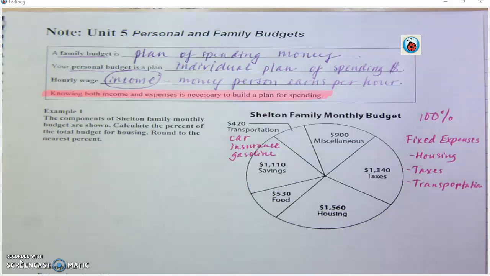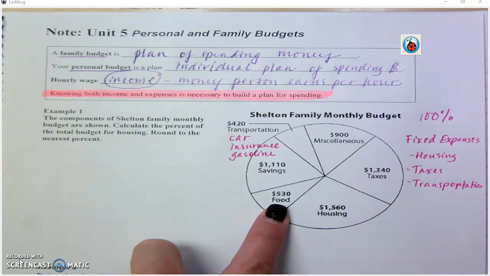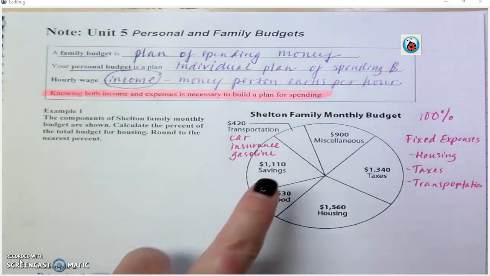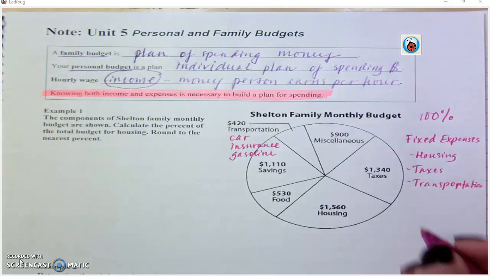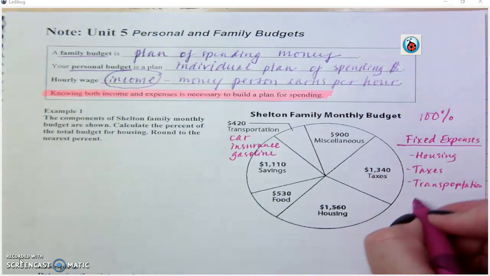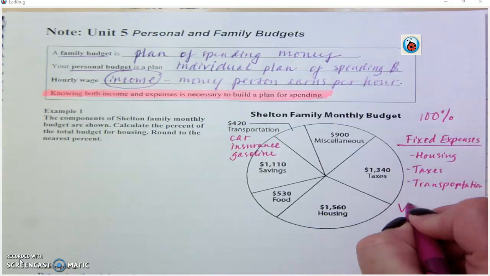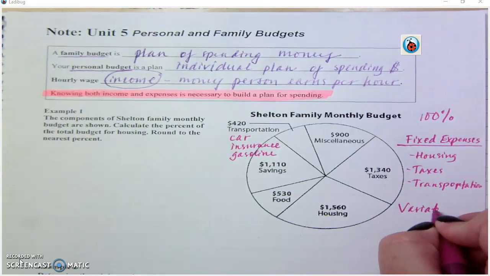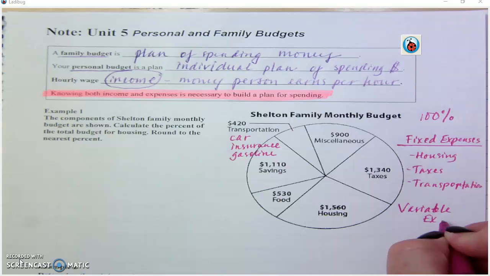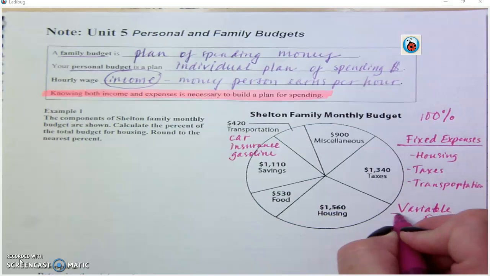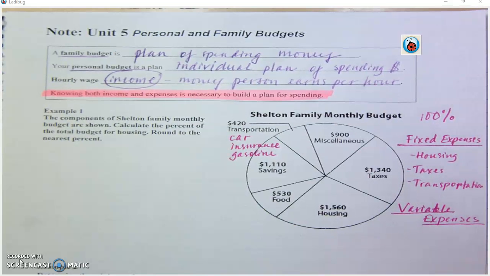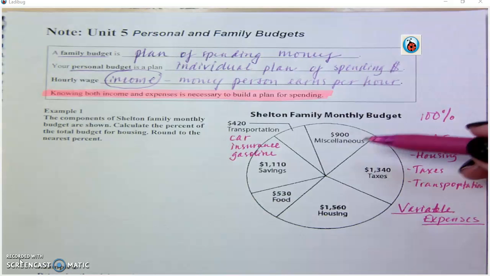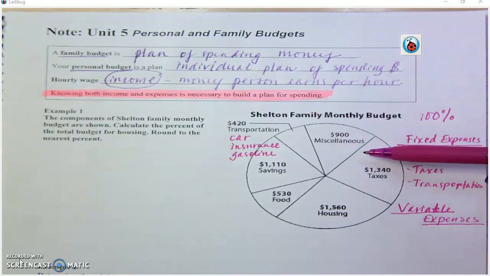The other items you are seeing here, like food, miscellaneous, and savings, can be changed. Those are called variable expenses. As you can tell, they vary from month to month. They can be adjusted. Miscellaneous, wow, that's a huge chunk. What is happening there? Where's the money going?